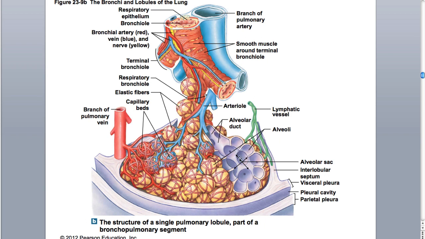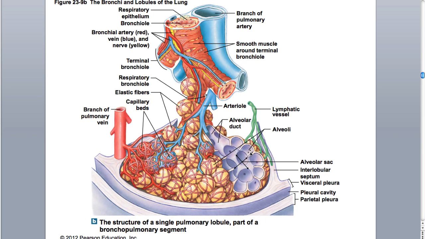Here's the expanded view. So here we have our passageway coming in, and we have our alveolar air sacs, very much like little balloons. And inside this main alveoli area, we see these little alveoli pouches.